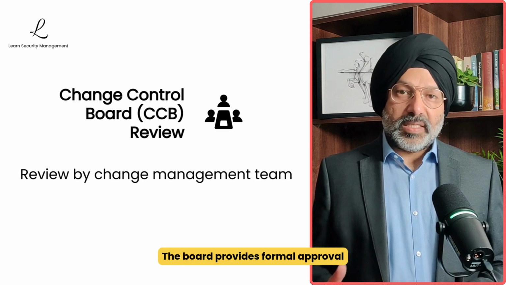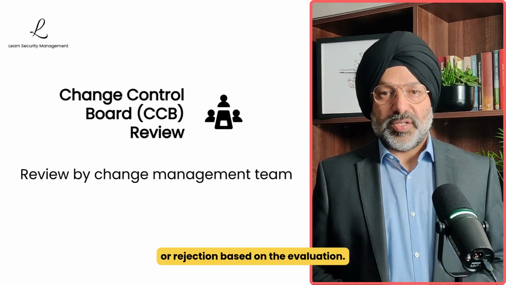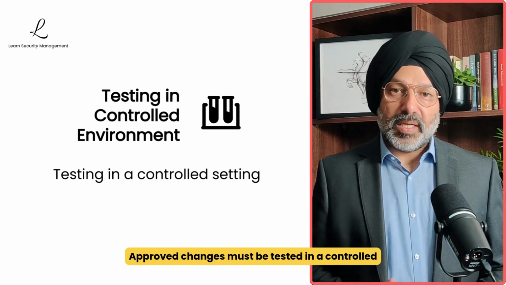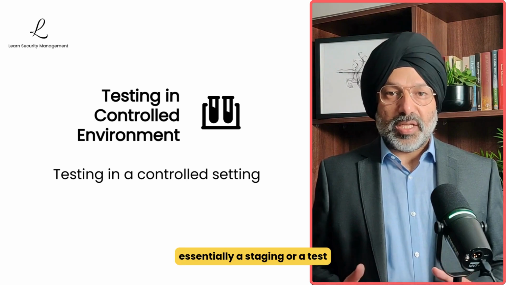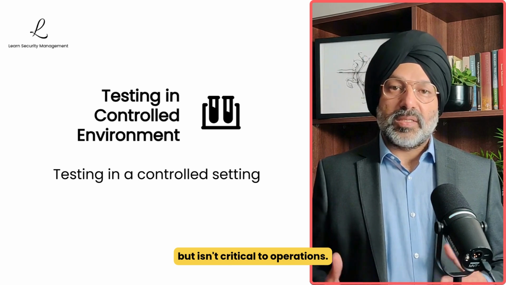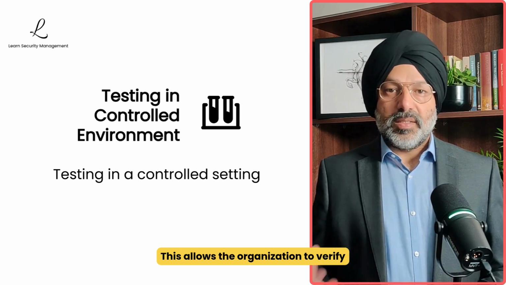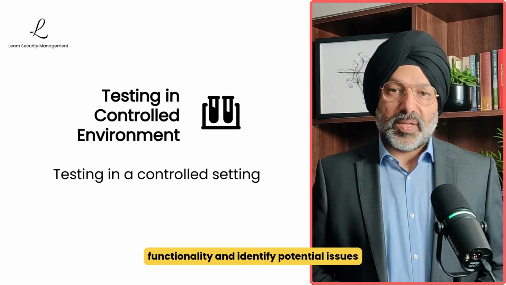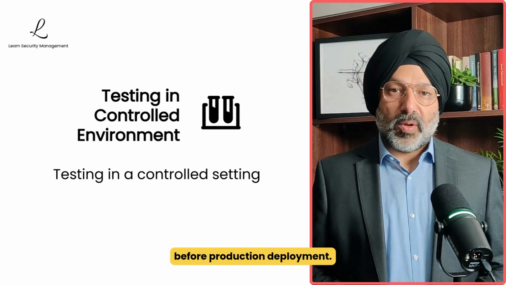The board provides formal approval or rejection based on the evaluation. Approved changes must be tested in a controlled environment, essentially a staging or test system that mirrors production but isn't critical to operations. This allows the organization to verify functionality and identify potential issues before production deployment.